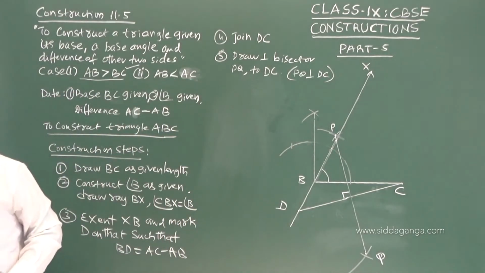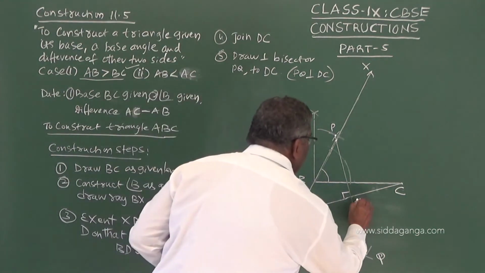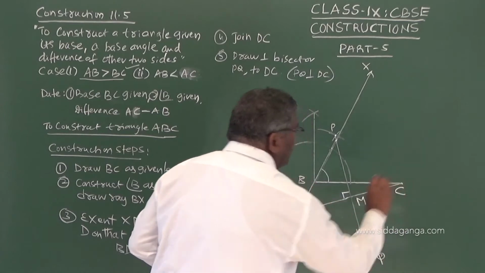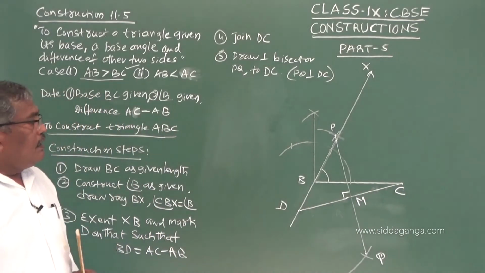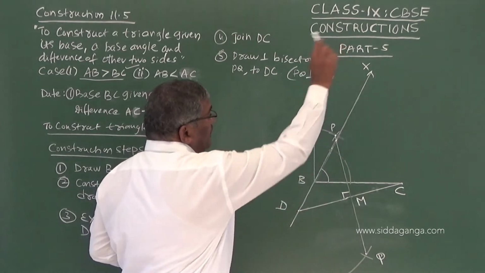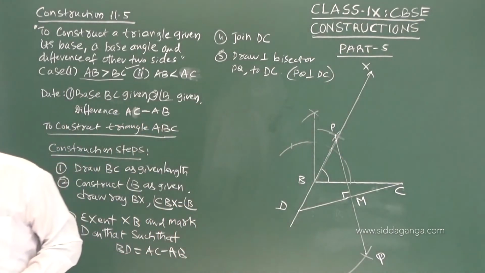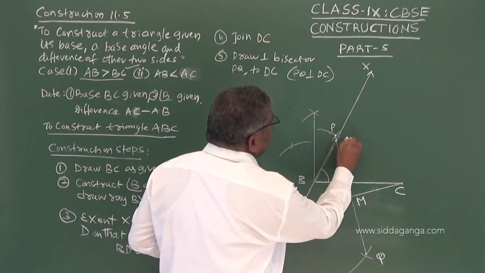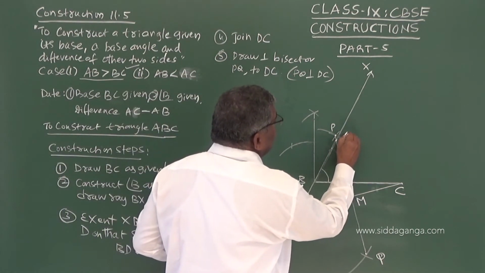Let us call this point M. Point M is the midpoint of DC, and this perpendicular bisector will meet BX at one point. You can see here, you call this point A.